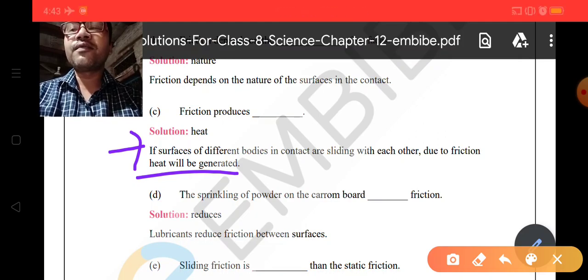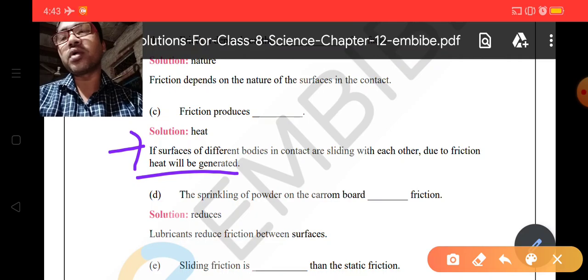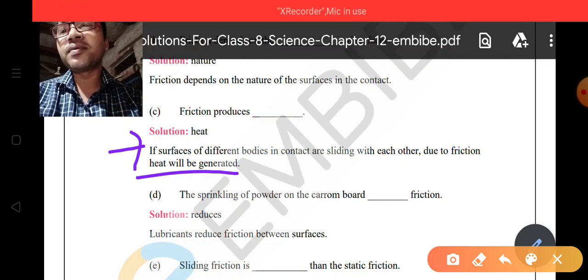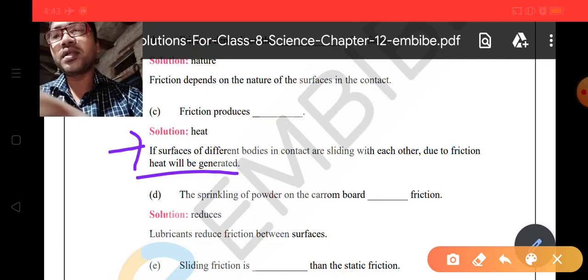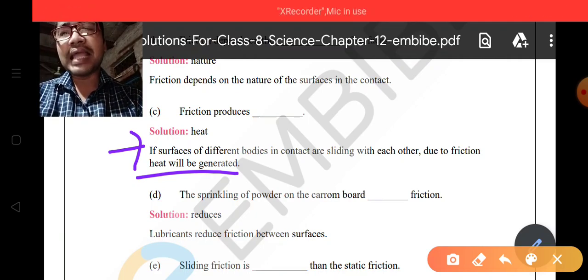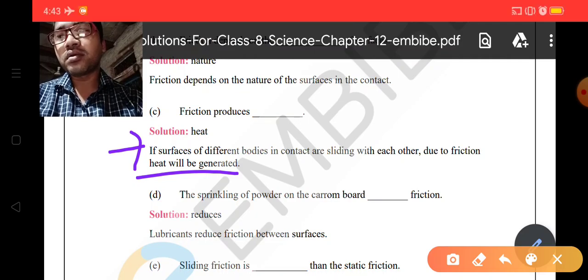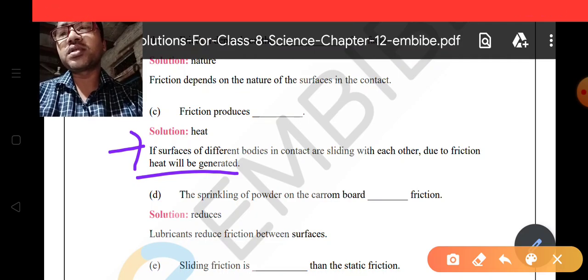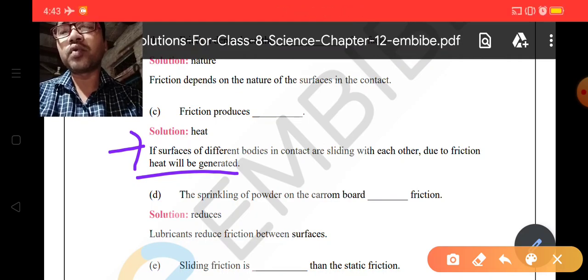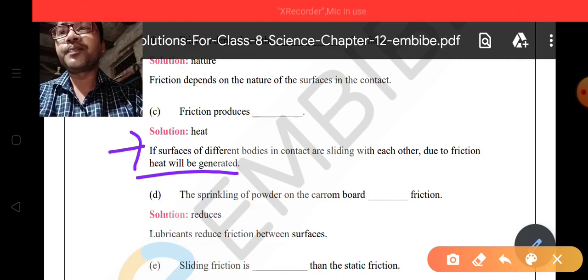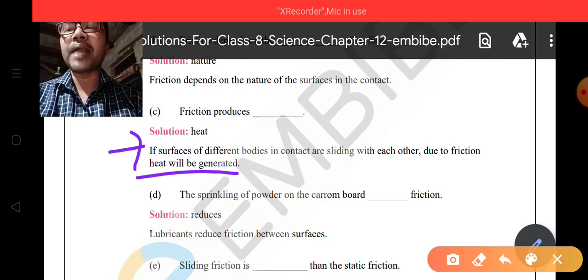But for that you must need some good words, like you can see here heat, generated, sliding, different. So you must need some good words to write a good answer. Okay, so we continue and keep practicing for writing.